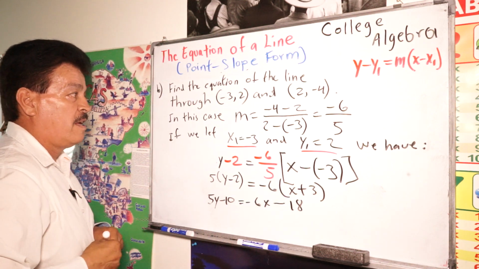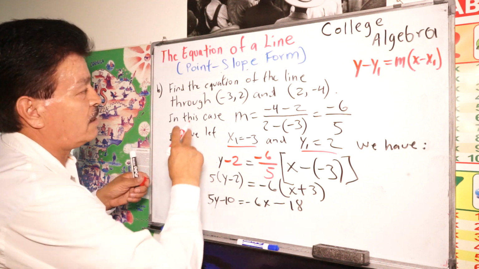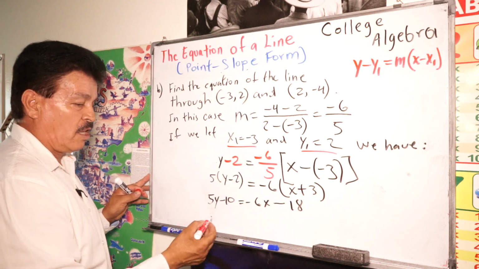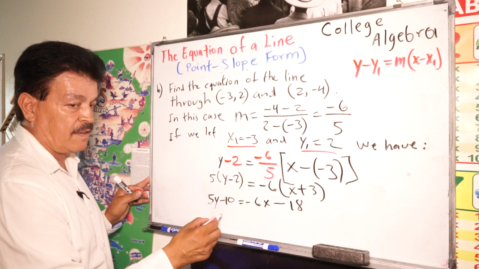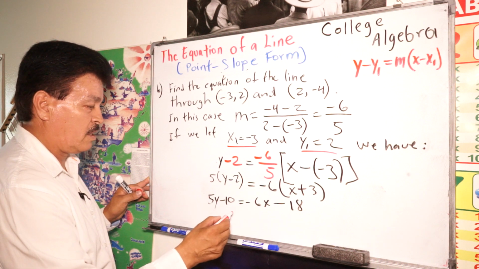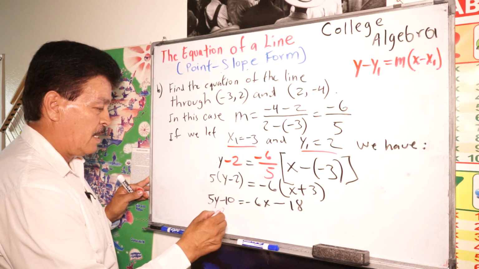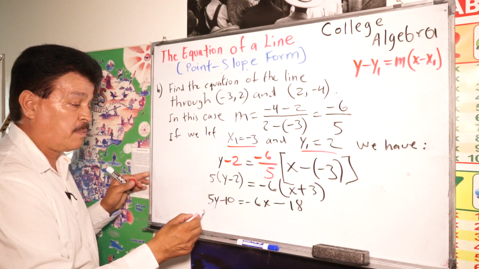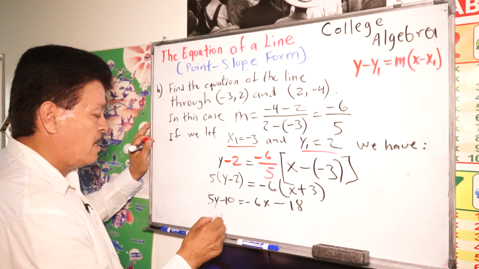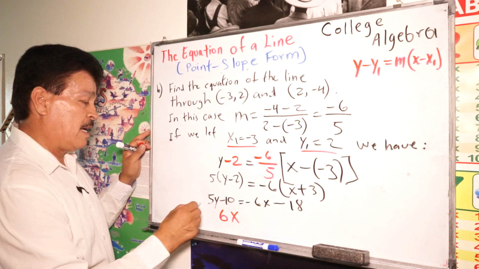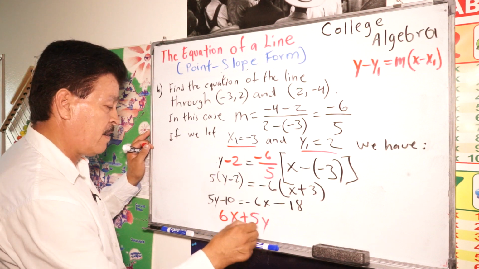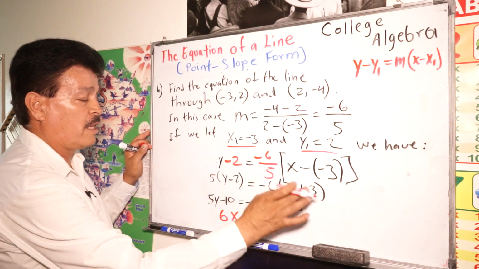The question says find the equation of the line. So you simplify everything. You move the -6x to this side as positive: 6x plus 5y, and then you move the -10 to the other side.